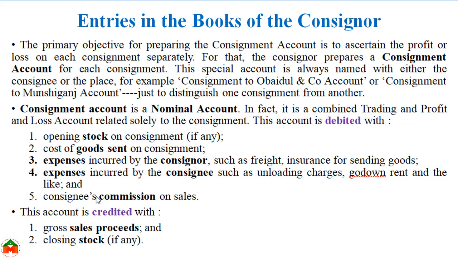And at the last stage, we have to show the commission. So in the consignment account, we show opening stock, goods sent, expenses by the consignor, expenses by the consignee, and commission on the debit side.